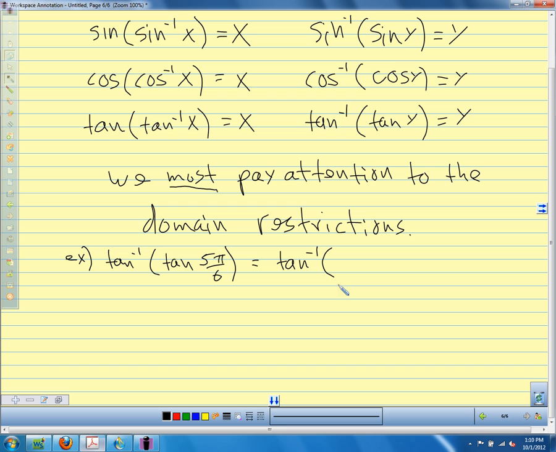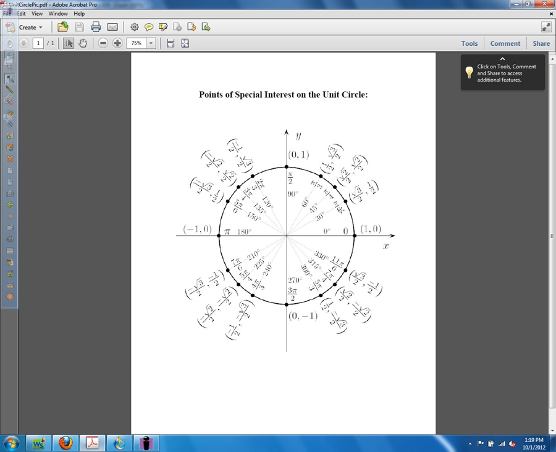We need to look at our unit circle and figure out what the tangent of 5 pi over 6 is. Here we are at 5 pi over 6.